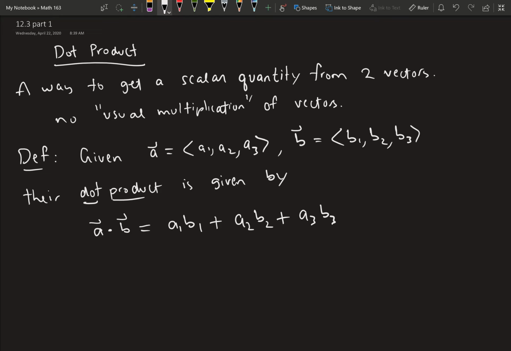It has a lot of good properties, but before we do any of the properties and such, let's do a simple example. So let's take A to be 1, 2, -3, and B to be 0, 1, say, I don't know, pi.